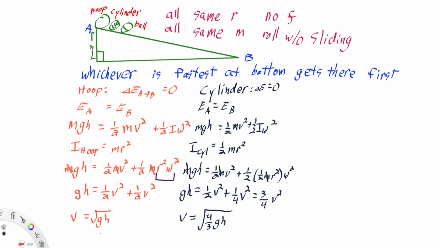Last shape. The sphere. Same setup. Change in energy is 0. Energy at the top equals energy at the bottom. Same kinds of energy.